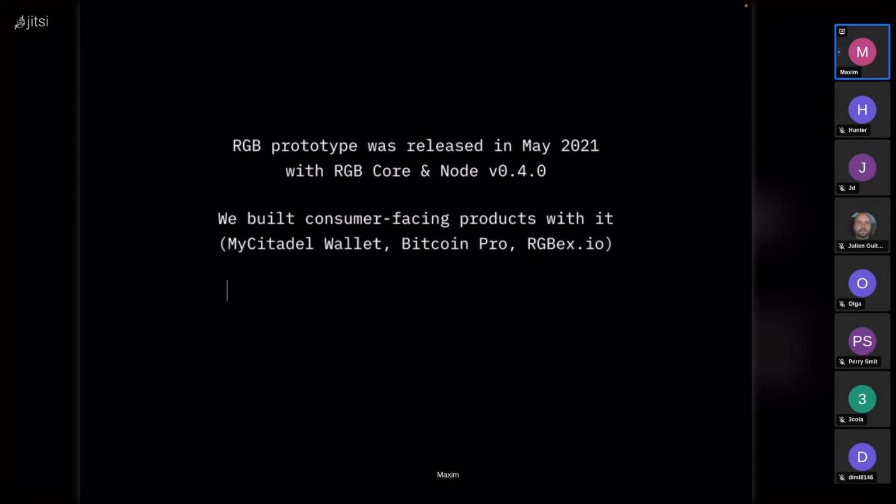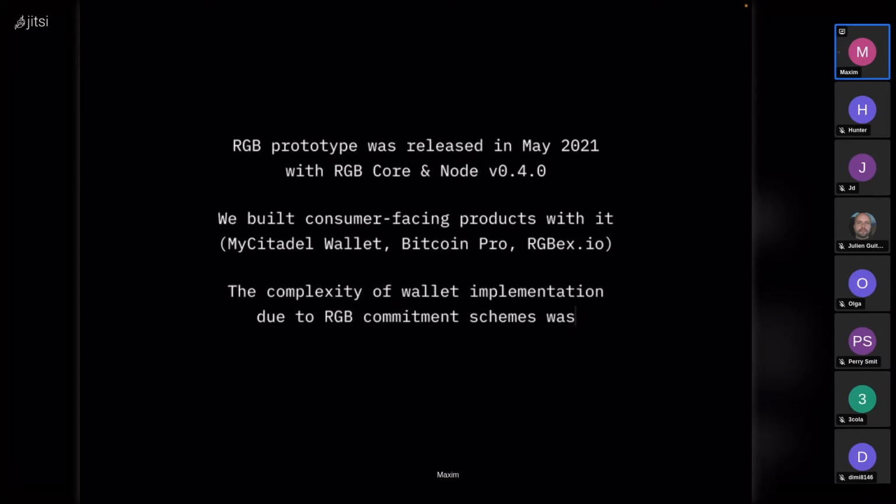And what we found out is that the complexity of wallet implementation due to this commitment scheme was tremendous. Because I was writing this My Citadel wallet from scratch as a Bitcoin wallet first of all, and of course adding support of RGB to it, I have to say that I spent much more time on implementing everything required by the pay-to-contract commitment scheme and the RGB commitment scheme than on writing the whole Bitcoin wallet itself.